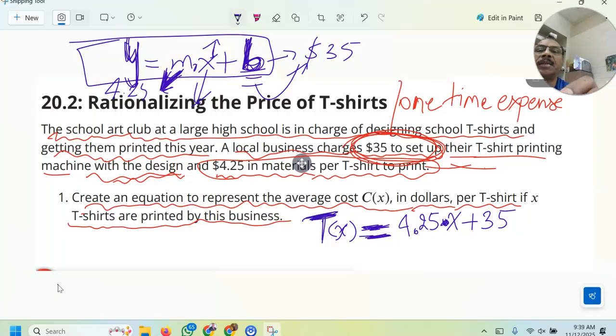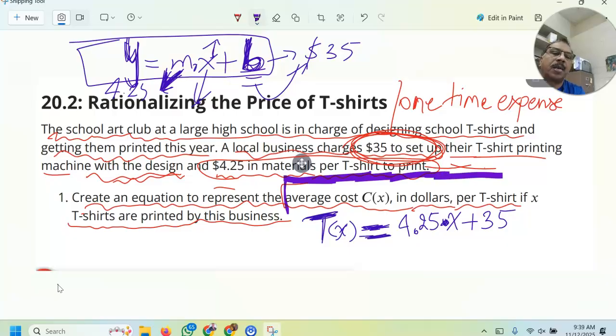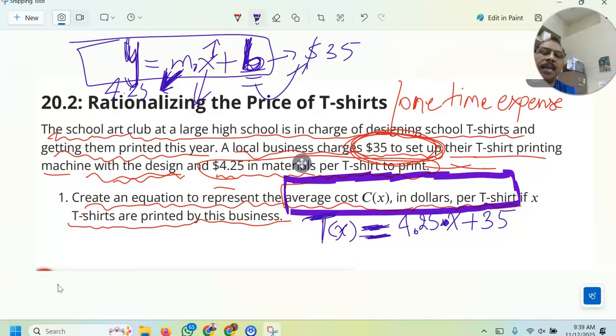But in the problem, we want to know what's the average cost per t-shirt. So this is the total cost, but we need to know the average. These words are very confusing. Watch this word. This average cost is the important one. Average cost per t-shirt. So the formula becomes C(x).